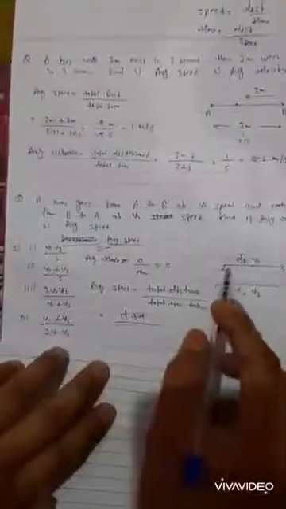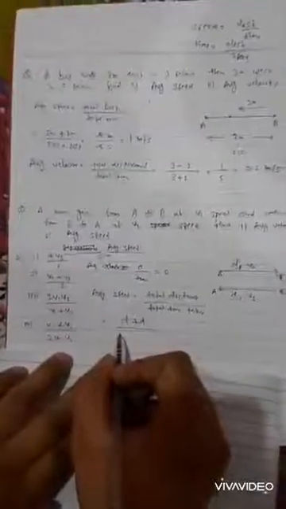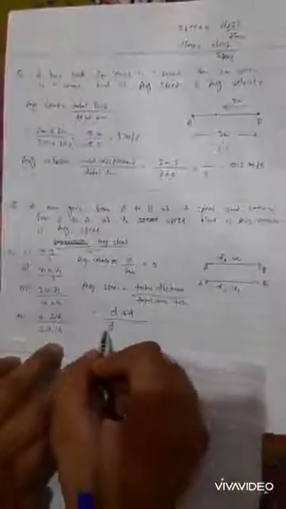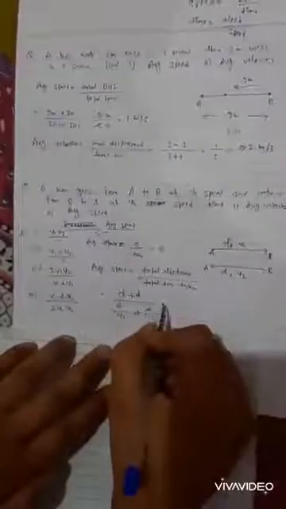So the time when you go from A to B is distance D by V1, plus the time for returning from B to A, which is distance by speed, and the speed is V2.